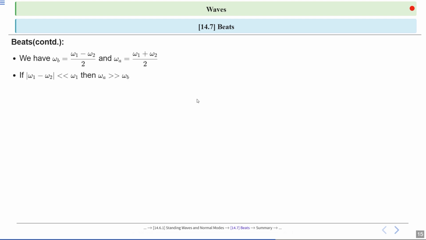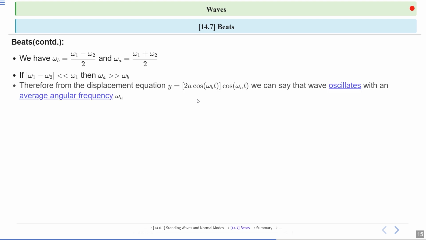If the absolute difference between the two angular velocities omega 1 and omega 2 is small, it implies that omega a is greater than omega b. Therefore, the displacement equation y equal to 2A cos omega b t into cos omega a t describes a wave that results from the superposition of two frequencies omega a and omega b.